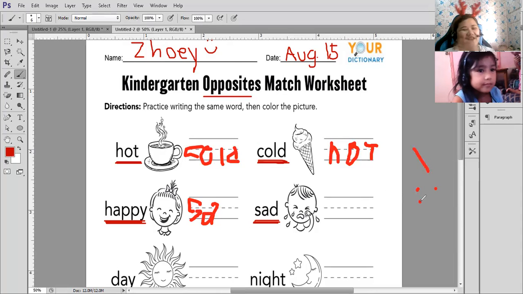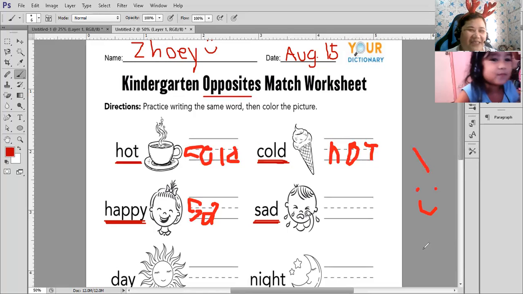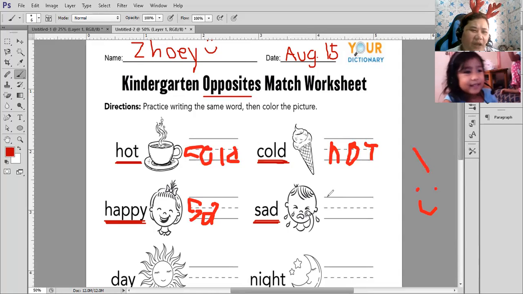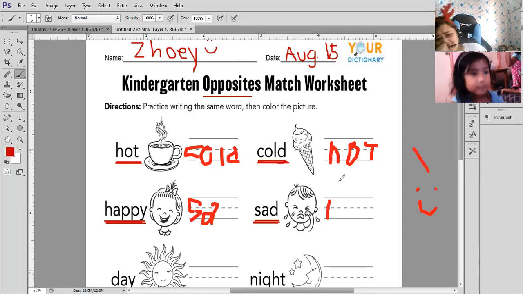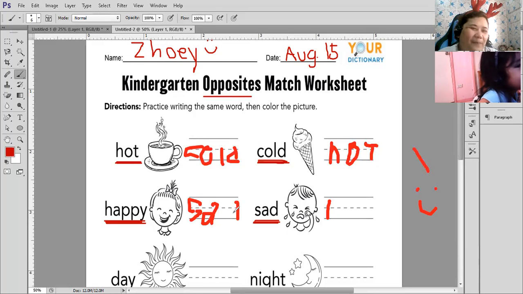Very good. Oh, wow. Nag-smiling face sa gilid, oh. Sige na. Go, go, go. Ay, oh. Saan yung kulang yung sad? Okay, very good.